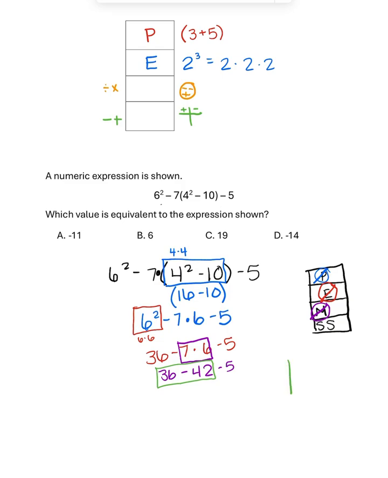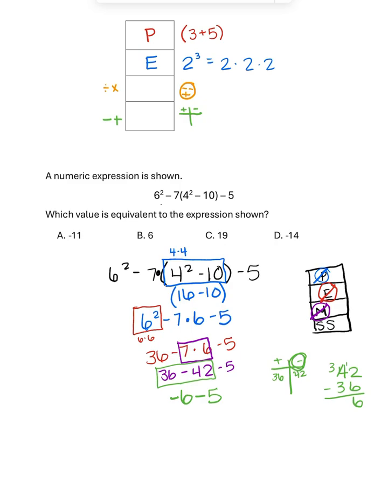So if I make my table, my 36 is positive, my 42 is negative. So that means different signs subtract. So 42 minus 36, I'm gonna have to borrow. So that becomes 6. Who had more power? The negative. So my answer is not 6, it is negative 6. And then I still have minus 5.